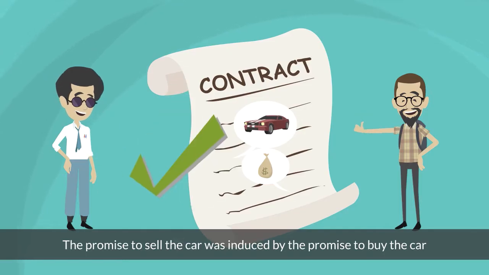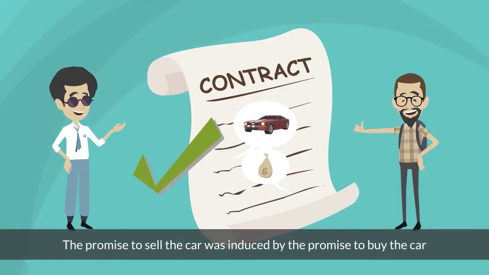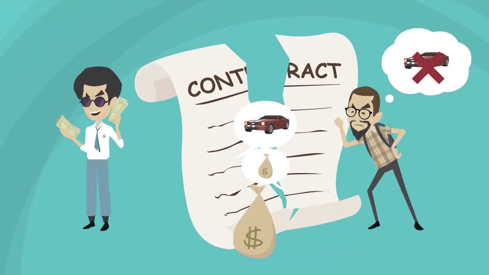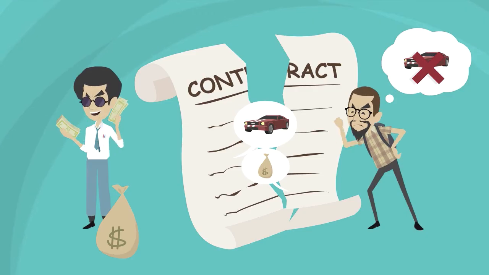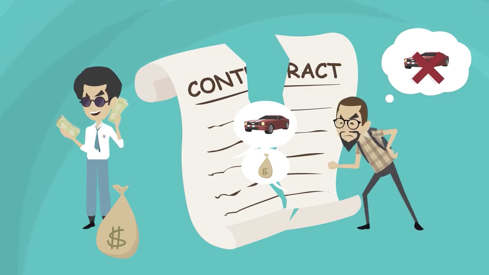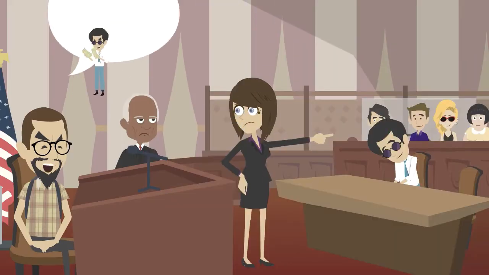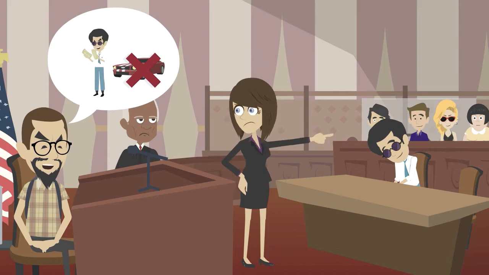The promise to buy the car induced the promise to sell the car, or vice versa. And because there are enforceable promises supported by consideration, if Darren breaches the contract, Mike can sue him because Darren broke a legally enforceable promise.